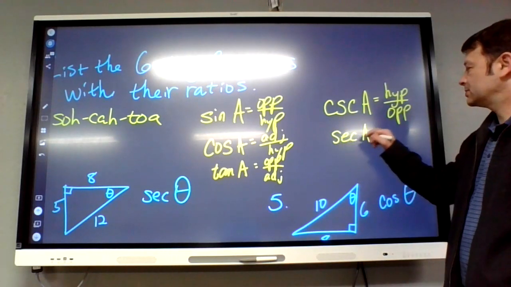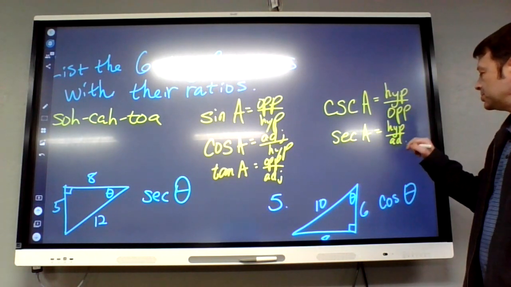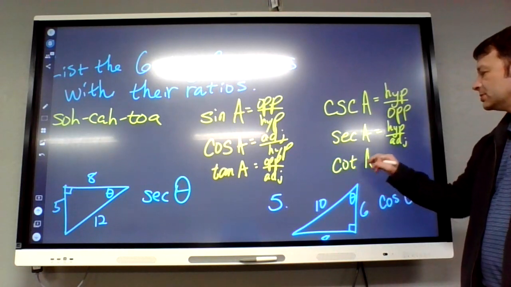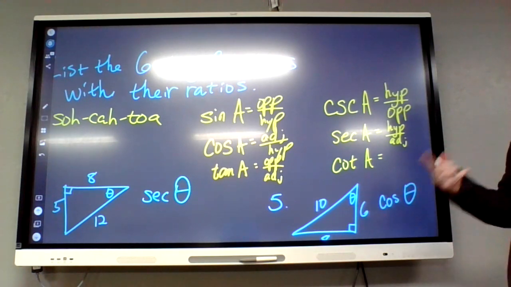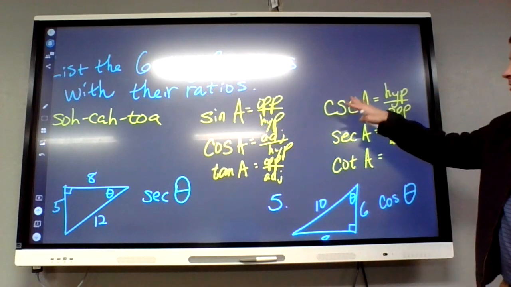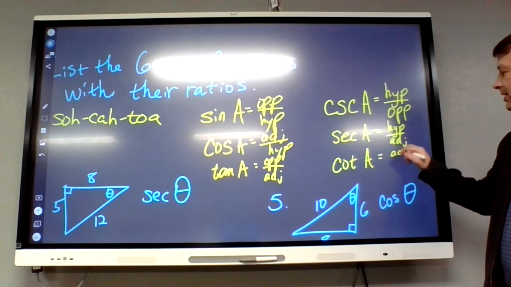Secant. And what goes with tangent? Cotangent. So if you can just remember what the opposite is, if you got SOHCAHTOA, you should have all that. And then if you can remember what goes with sine, what goes with cosine, what goes with tangent, then you should have all that.